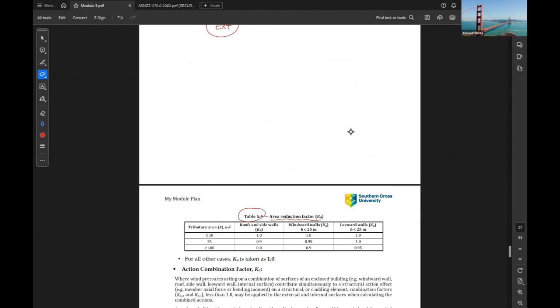If the tributary area A is less than 10 meter, you can take KA for roof and sidewall as 1, and for windward walls less than 25 meter, you can take it as 1. Also for leeward wall, you can take it as 1. For tributary area 25 meter, take 0.9, 0.95, and 1. For tributary area more than 100, you can take KA as 0.8, 0.9, 0.95. For our calculation, we can take KA as 1.